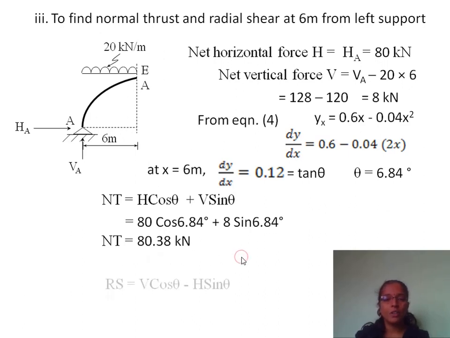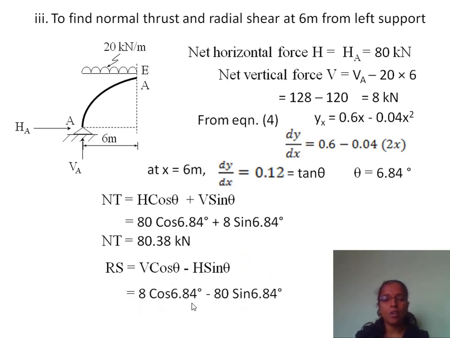Radial shear is equal to V cos theta minus H sin theta, which is 8 cos 6.84 minus 80 sin 6.84. Simplifying, you get a radial shear of minus 1.58 kilonewton. So that is the solution for this problem.